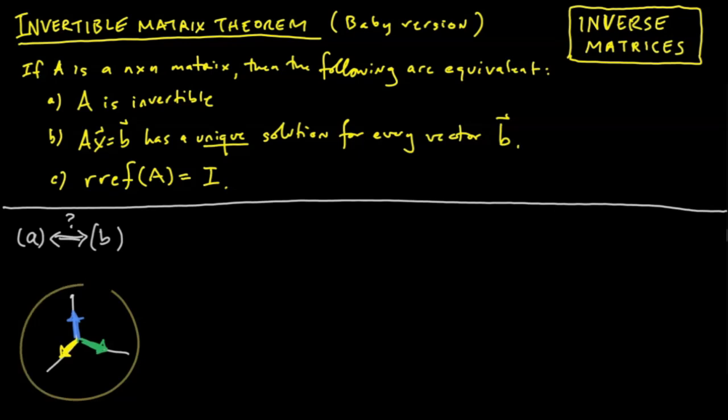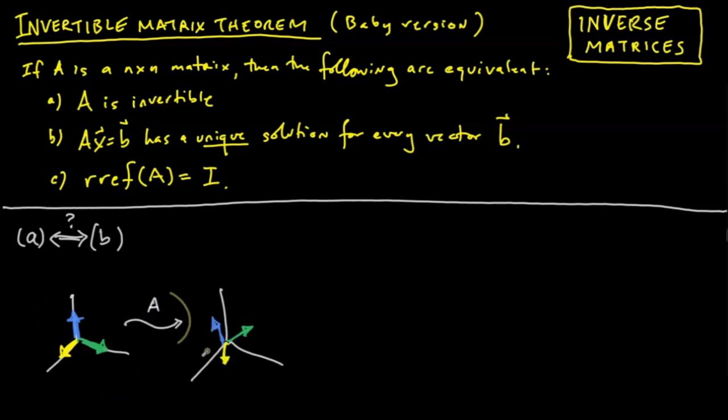Well, of course, it takes the standard basis vectors, maps them to new places in R3, and the whole grid generated by the standard basis vectors gets transformed into a new grid determined by the new positions of those vectors. Now, if A is invertible, it should be clear from our earlier work that A cannot crush any dimensions when it's doing that.